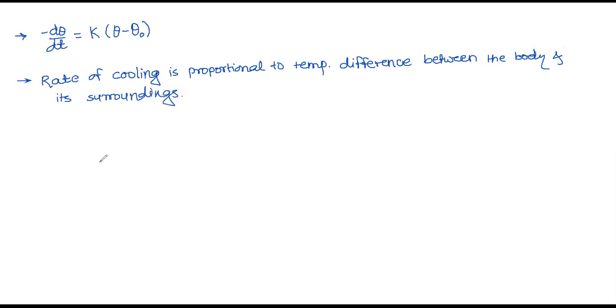Got it? So that is nothing but d theta by dt is directly proportional to theta minus theta naught. I am not taking the minus sign because it is the rate of cooling. The minus sign indicates the rate of cooling. So when you are writing rate of cooling, d theta by dt is directly proportional to theta minus theta naught.